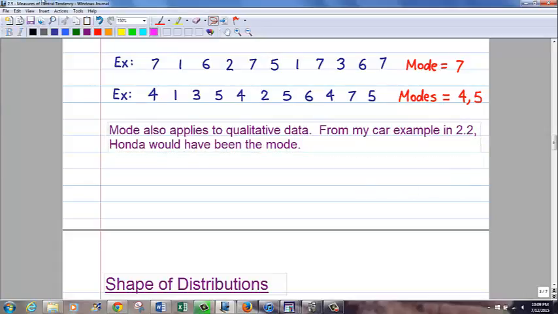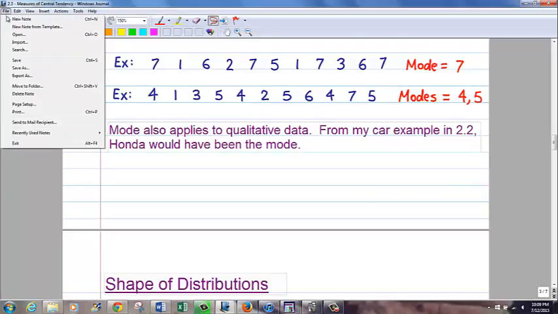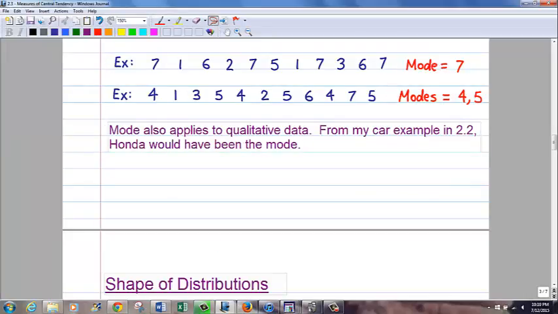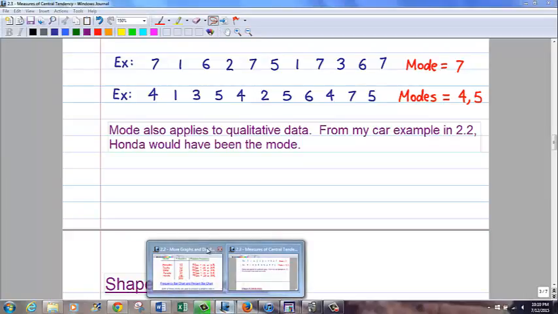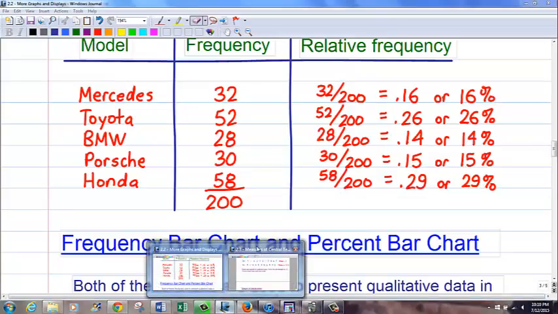From that example back here in this section 2.2 of that data set, we would say Honda was the mode because it occurred with the largest number of frequencies. So yes, you can have word answers for your mode.